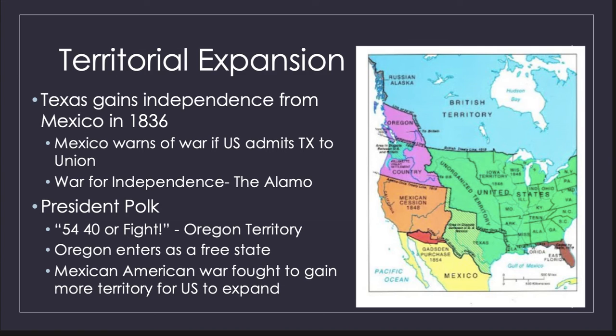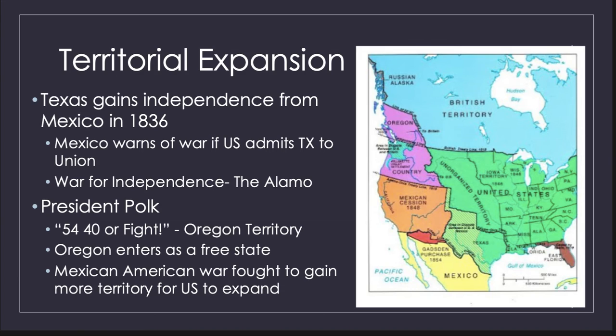If you do, we will go to war. But during the Texan War for Independence, the United States is going to help Texas break away from Mexico. Now, we can argue whether it was for our own favor or because we were trying to help out a friend, but the United States helps Texas gain its independence.